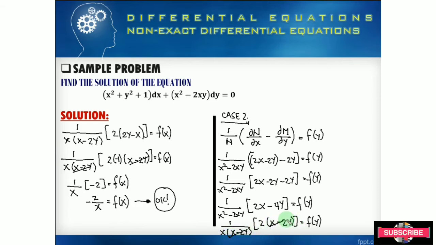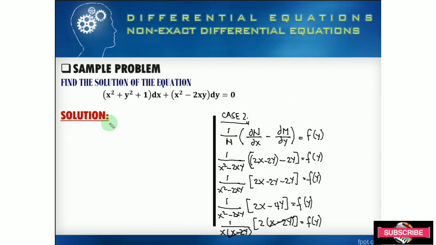So we can eliminate this one, and then afterwards we have 1 over x times 2, equal now to f as a function of y, or simply this is just 2 over x, which is not f as a function of y, since we have this variable x.